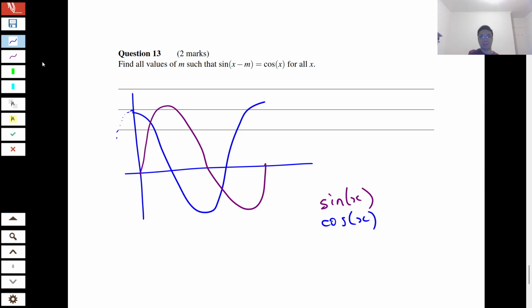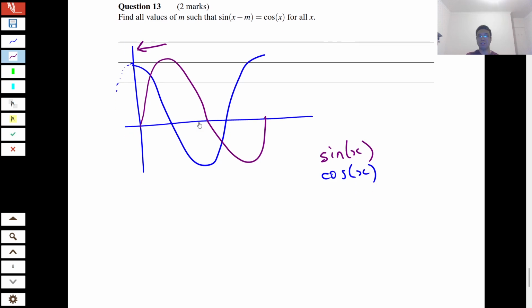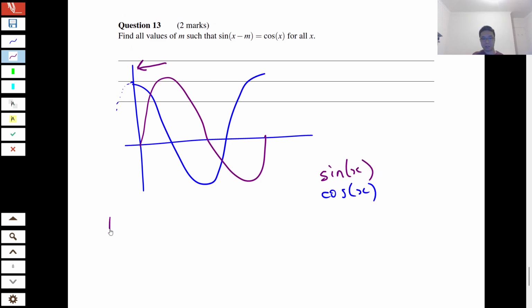Well, from this graph, you should see that if I shift pi on 2 to the left, we get to cosine.